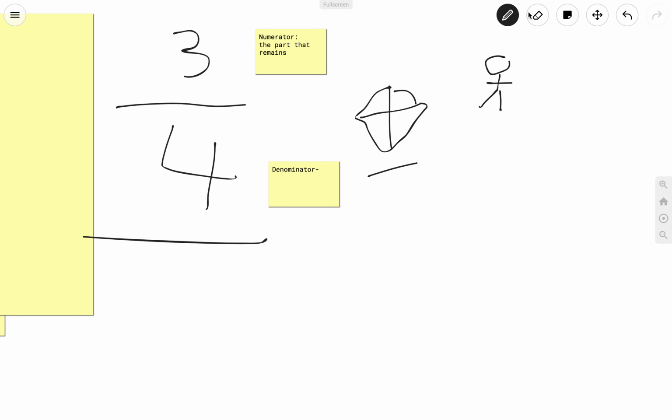So let me edit that. The whole number of parts. And then this middle line here is something called a vinculum.